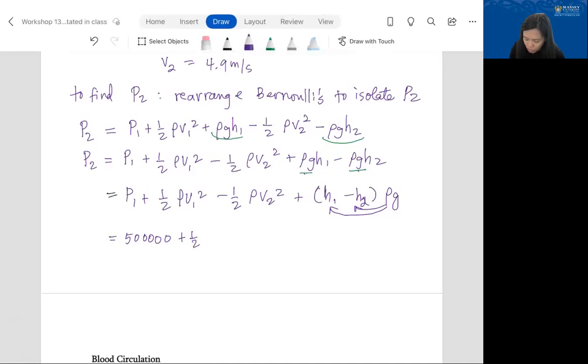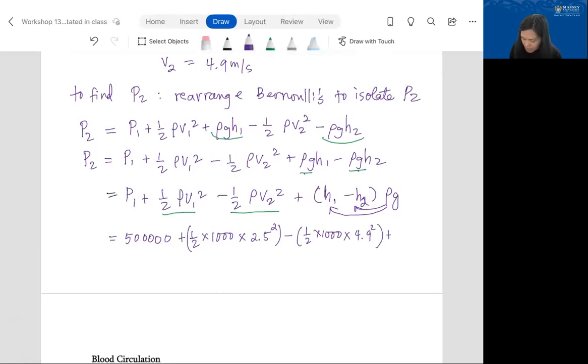You can actually also do the same factorization for 1/2 rho V1 and V2 squared, but we'll just leave it like that. 1/2 times density of water, 1,000 kilograms per cubic meter, times V1, it's 2.5 squared, minus 1/2 times 1,000 times V2, which is 4.9 squared, what we solved earlier.